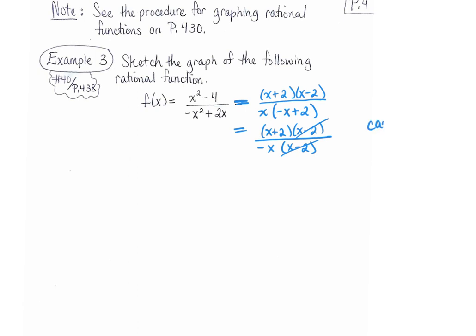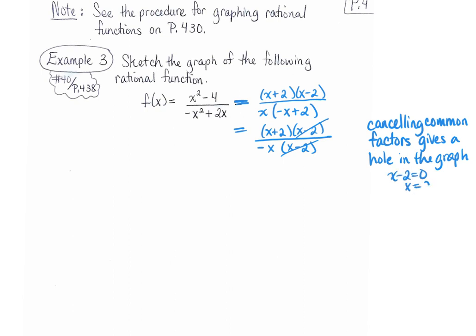Canceling, this is just a rule of thumb, make sure you remember it: canceling common factors gives a hole in the graph. We can spell hole. Where we canceled x minus 2, x minus 2 equals 0, or x equals 2.